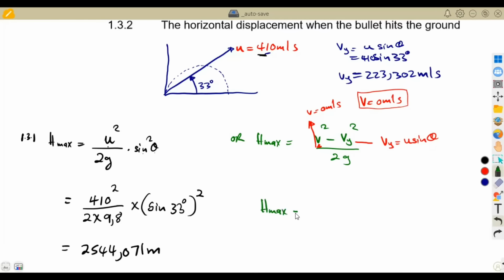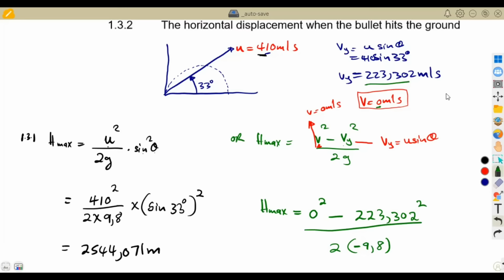So our H max is equal to v squared. What is our v squared? The final velocity, that is 0 squared, minus vy, this one that we got, which is 223.302, squared again, everything over 2 times the gravitational acceleration, which is taken as a negative because you are opposing this object from going down.